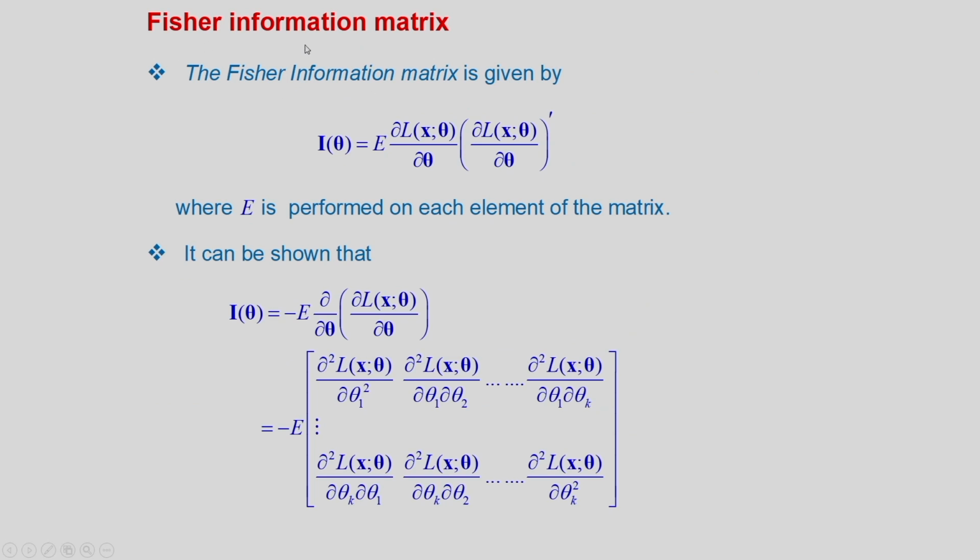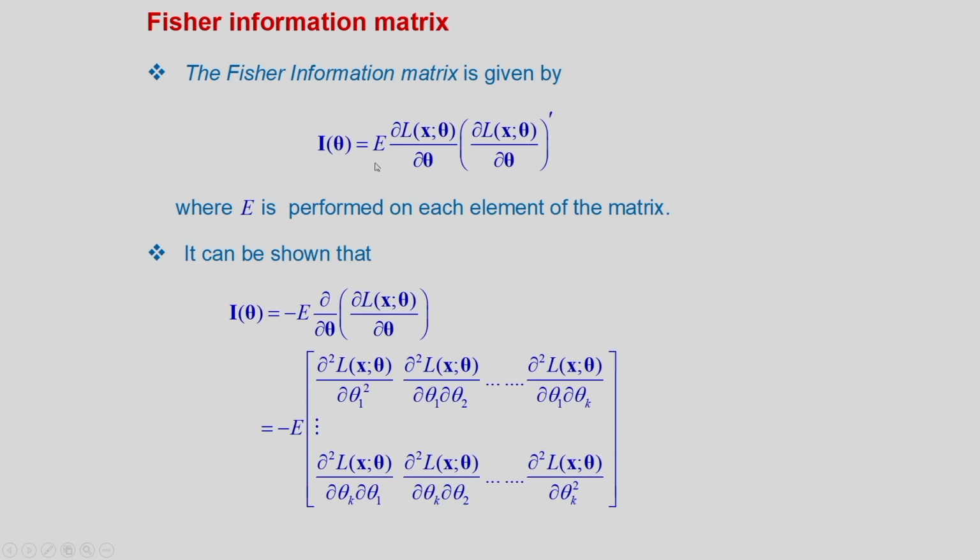Fisher information matrix: the Fisher information matrix is given by the I of theta matrix, that is given by E of del L del theta, this is a vector, into del L del theta transpose. So, this product will be a matrix, and then we take the expectation of the individual element of the matrix. So, E is performed on each element of the matrix.